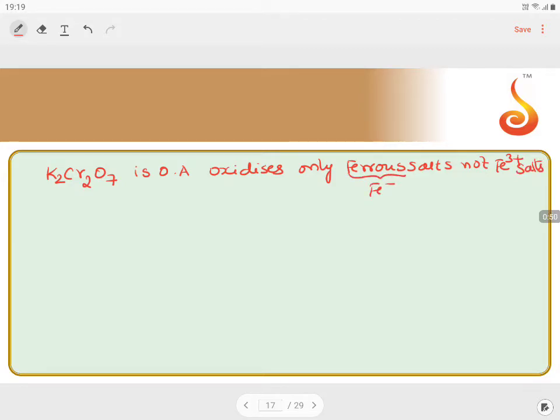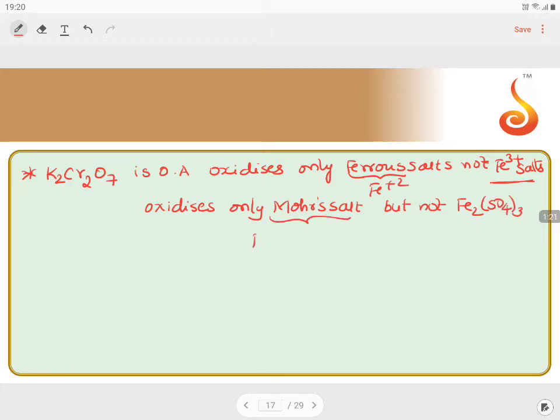Ferrous is Fe2+, it does not oxidize Fe3+. So according to this, K2Cr2O7 only oxidizes Mohr's salt completely, but not Fe2(SO4)3. This is the point.